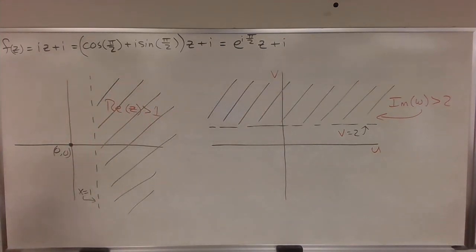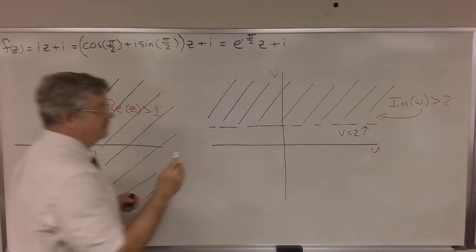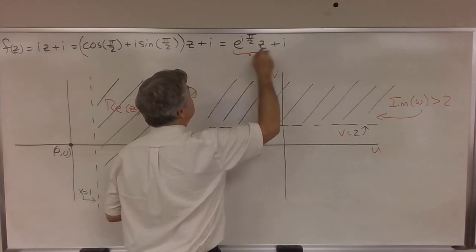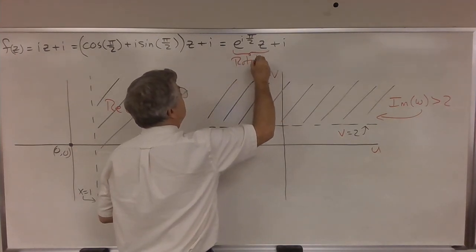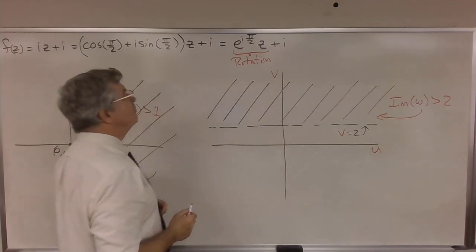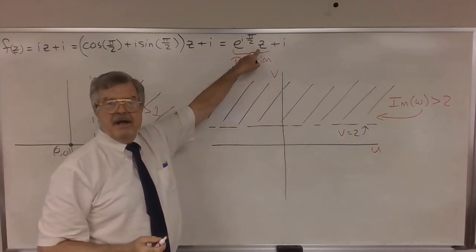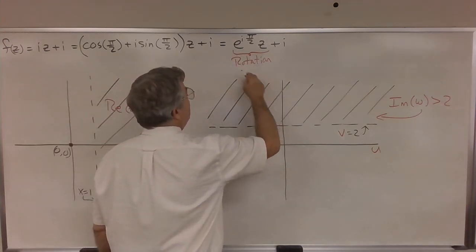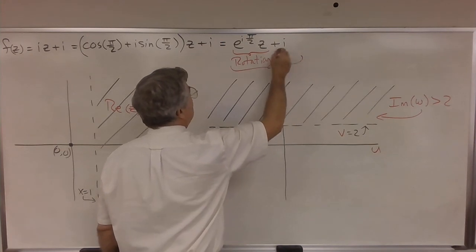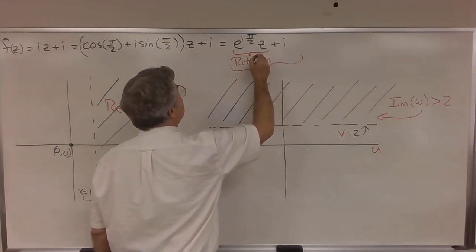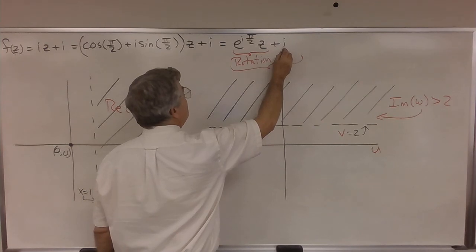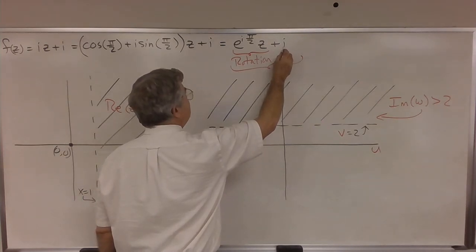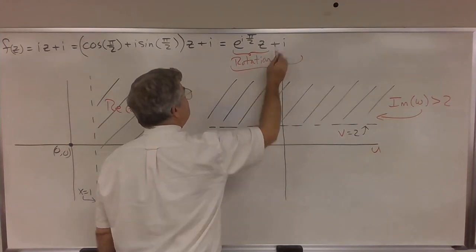Oh, and I can see clearly now that this is a linear transformation because this much of it is a rotation. We're rotating z about the origin by an angle of pi over 2. And the rest of it, we're taking this rotated point and translating it by 1 unit in the vertical direction.